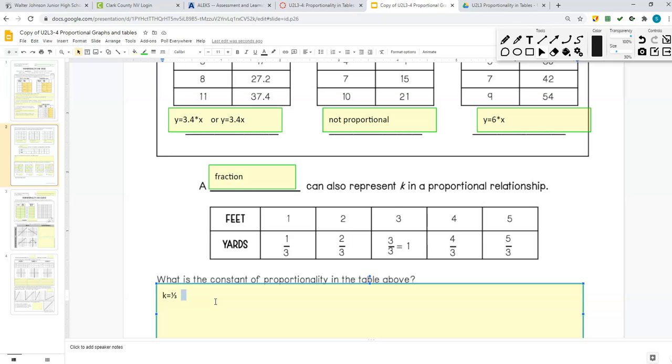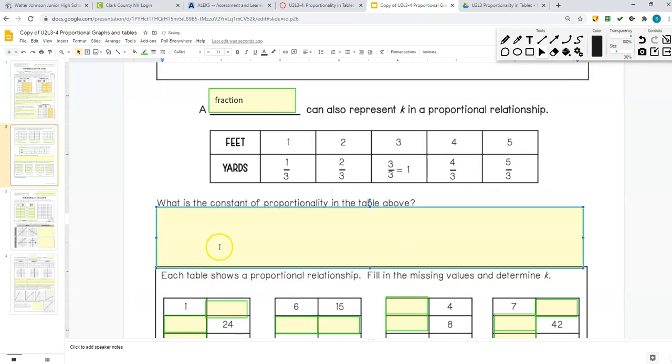Now, let's go ahead and see if we can figure out the work here. I accidentally already showed you the answer. So we're going to think of this as our x. So let me go ahead and grab a text box here. Let's put x here and our y here. So our first fraction would be 1/3 divided by 1.